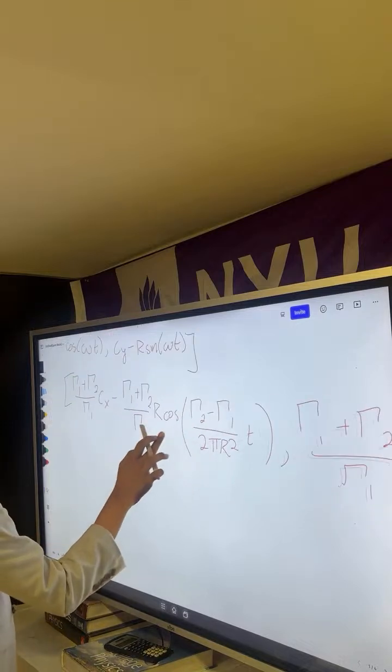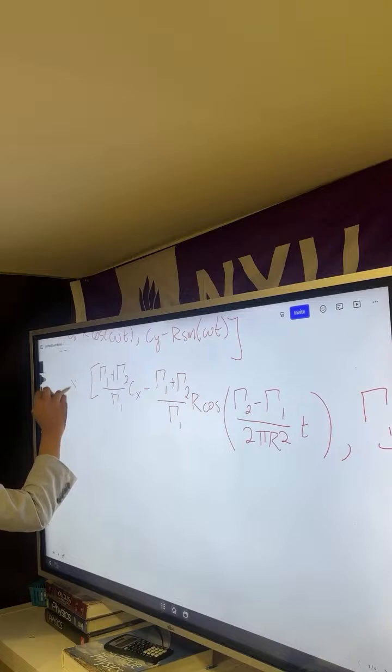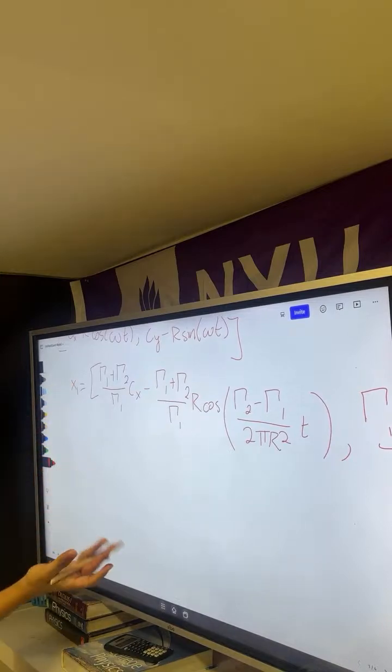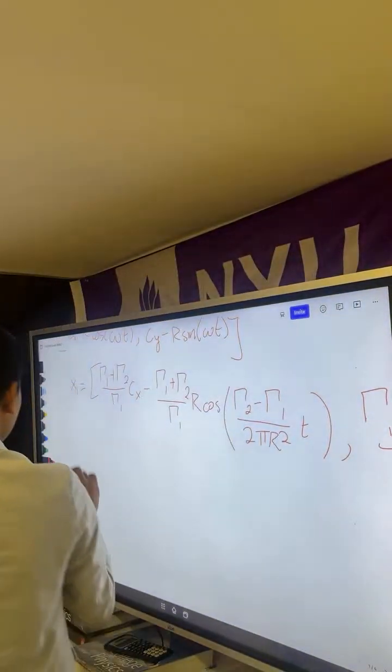And now, we can also find x2. X2 is y plus x1.